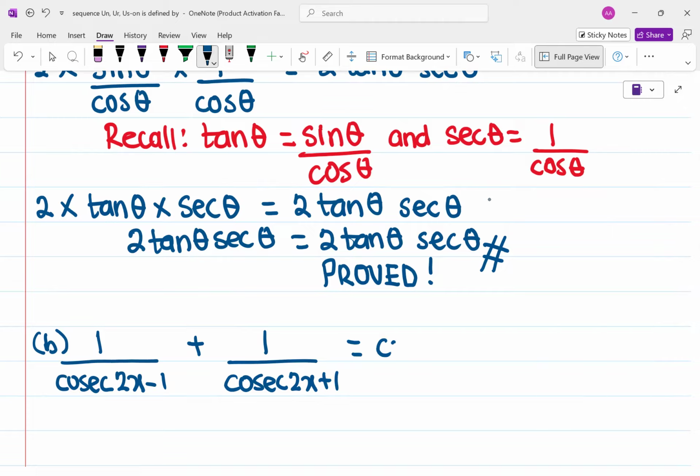Is equals to cot 2x sec 2x. So what do we do here now?